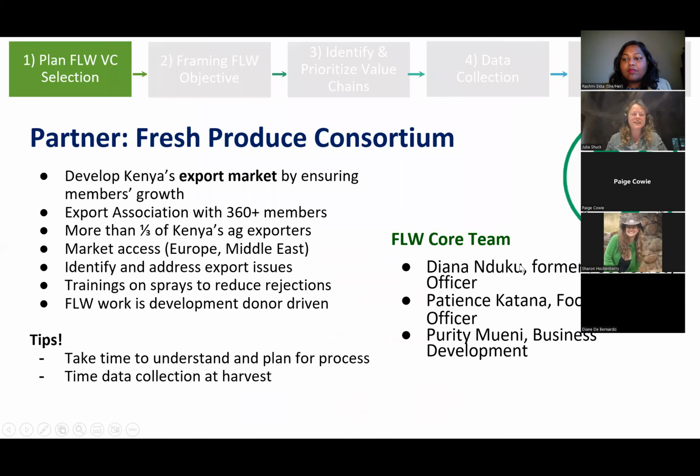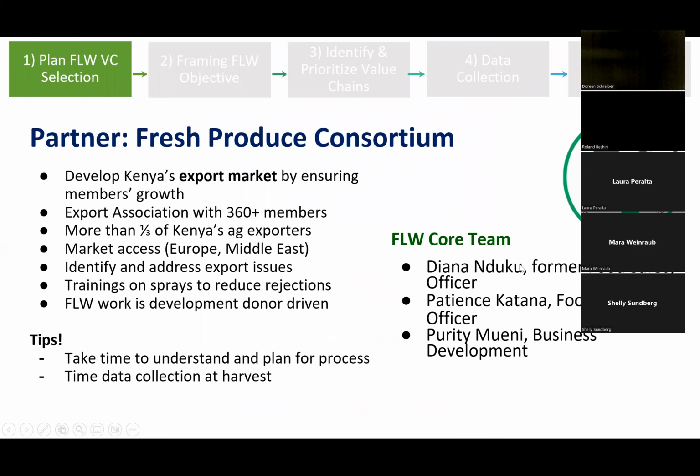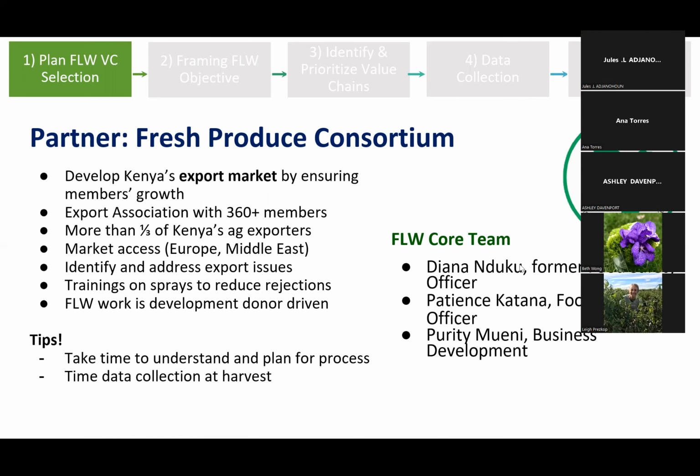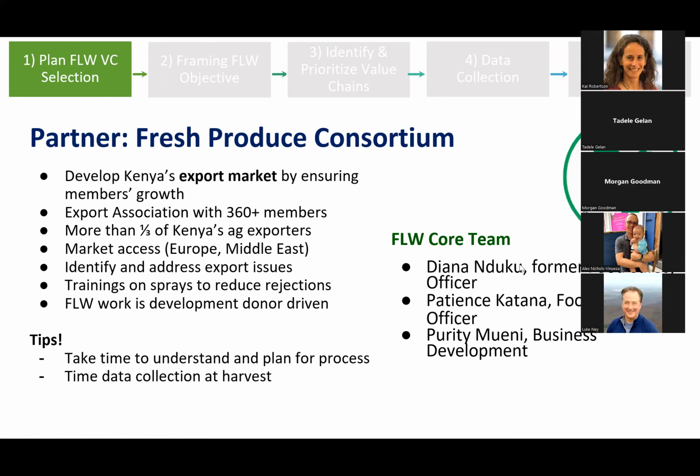USDA did some great facilitation and helped connect us with the Fresh Produce Consortium of Kenya. This is an export market association. Basically what they do is they have their members and they really try to ensure that Kenyan products are getting into European and Middle Eastern markets. So they work as liaisons. And they also try to address issues such as rejections.